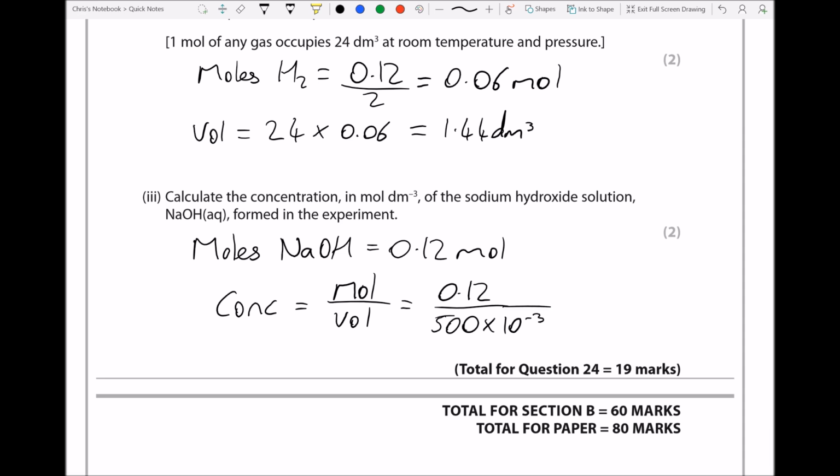That means the same as dividing by 1,000 because we need to convert this into decimeters cubed. So that's why I've put times by 10 to the minus 3. So we'll put that on there, and then we should get 0.24, and that's moles per dm cubed. So that's your concentration there. And so, yeah, that's the end of that paper.